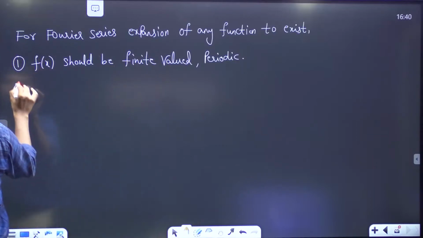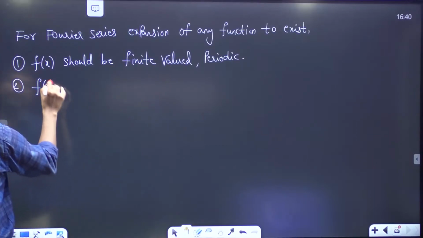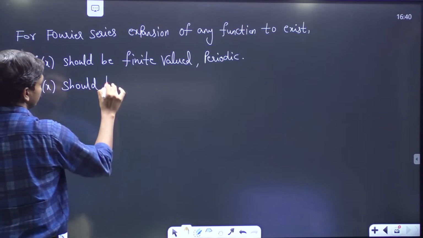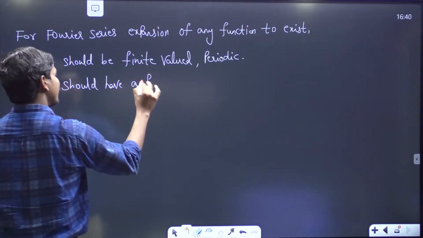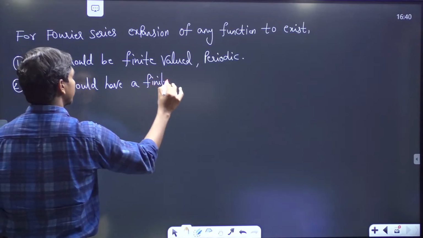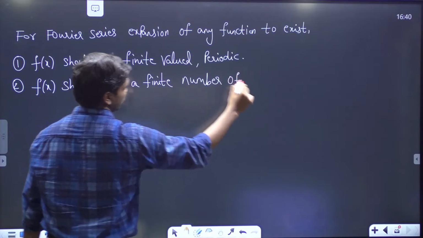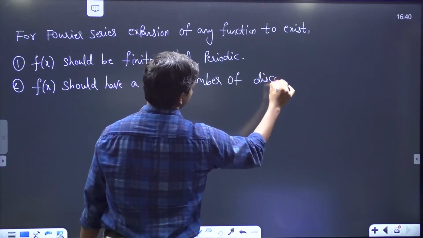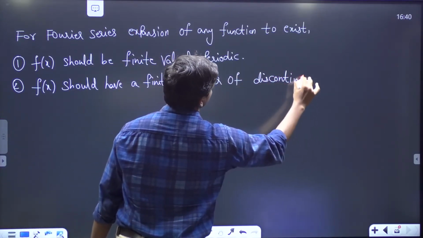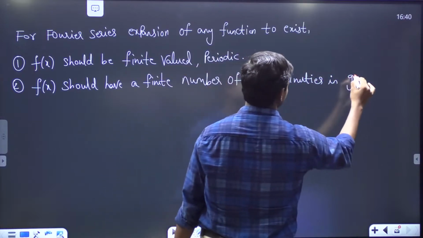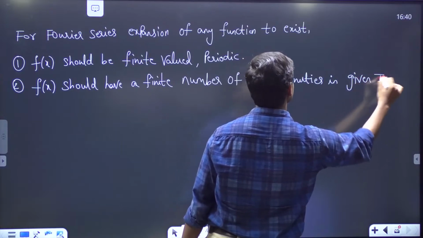Second, f of x should have a finite number of discontinuities in the given interval, like alpha to alpha plus 2c.